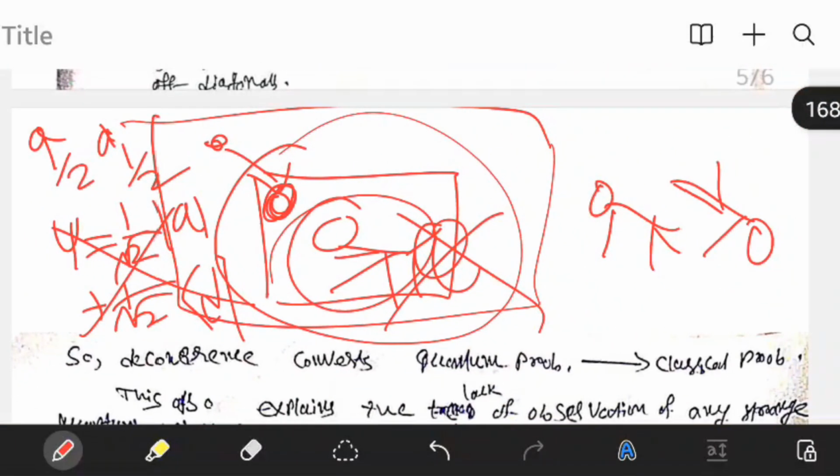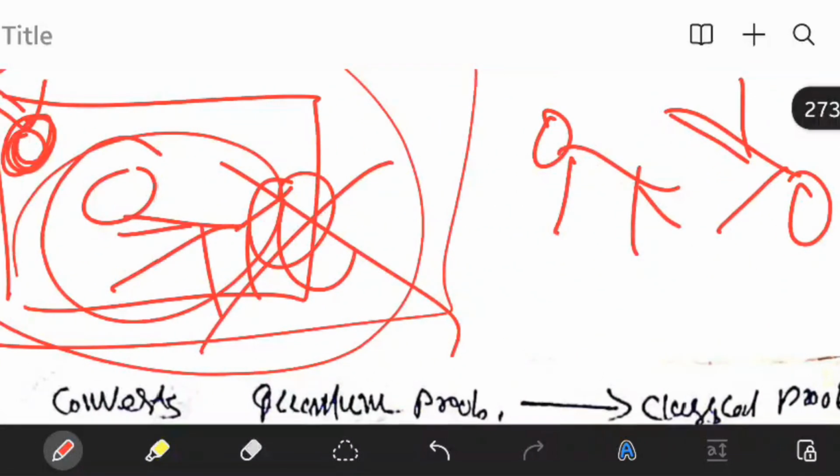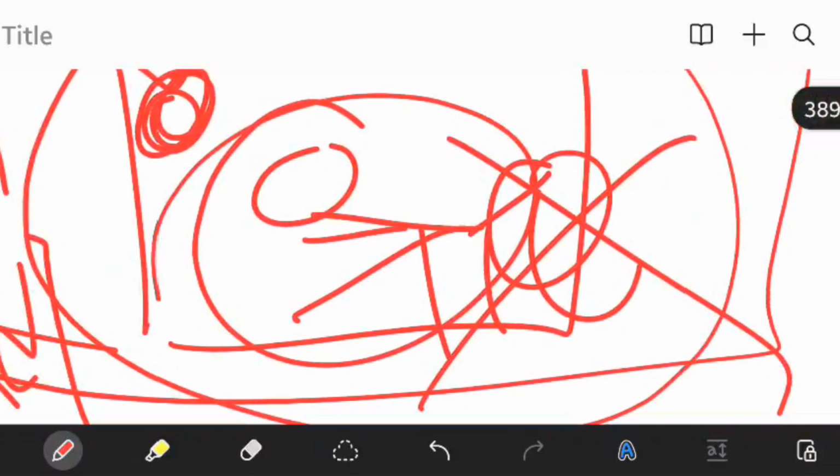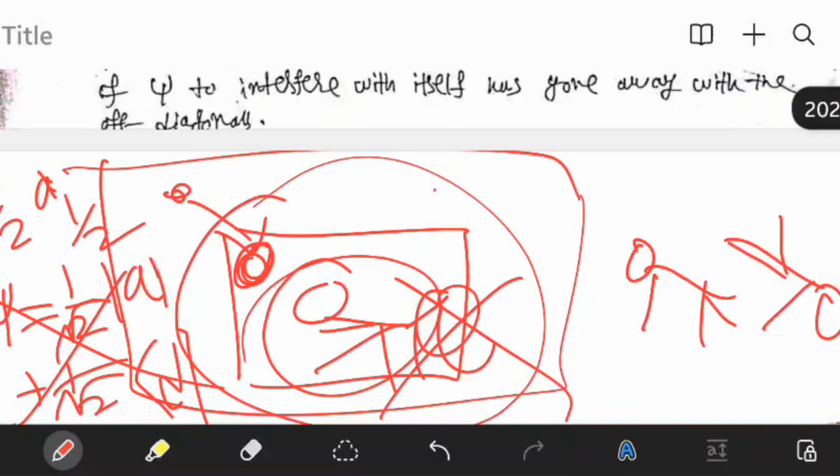But when you observe the cat, you are either going to see it being alive or dead. And why is it so? Because the cat is a classical object, not a quantum one. So it is interacting with air particles around it and so on. So the theta, remember theta, right?